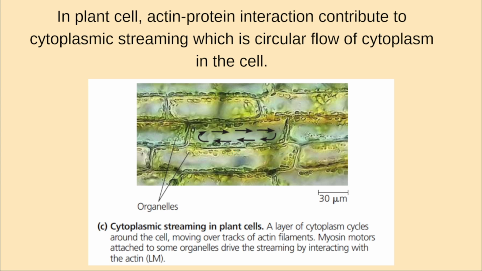You just want to know that in plant cell, the actin protein interaction will cause the circular flow inside the cell, so that the organic solution, sucrose, can be moved within the cell easily, and contribute to the transportation of the organic nutrient, especially sucrose, from one cell to another cell.